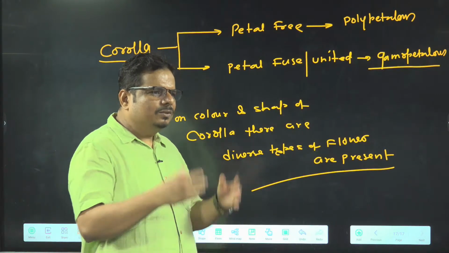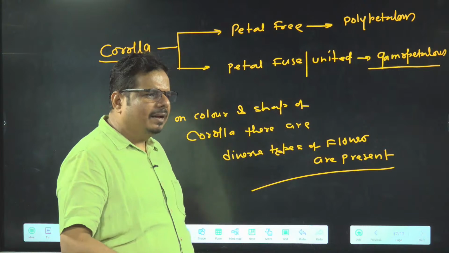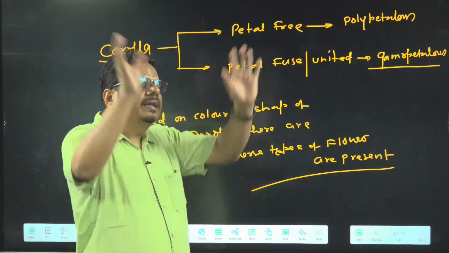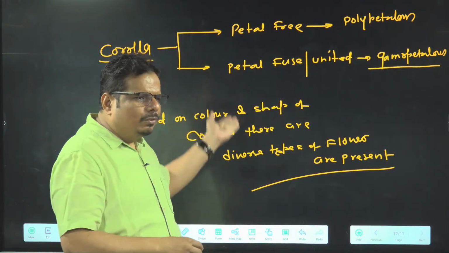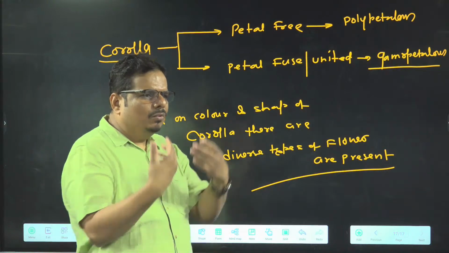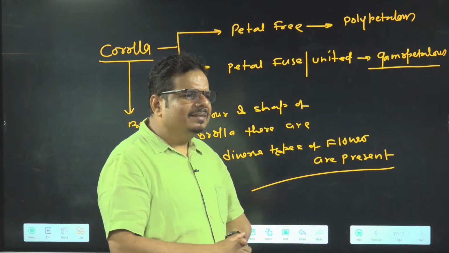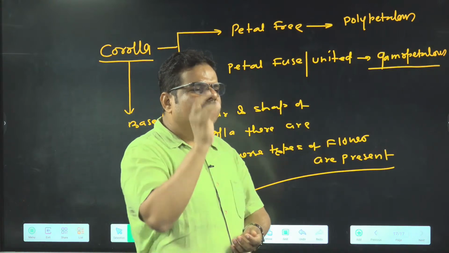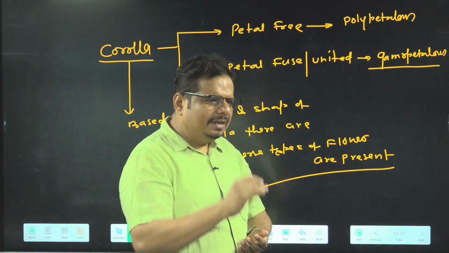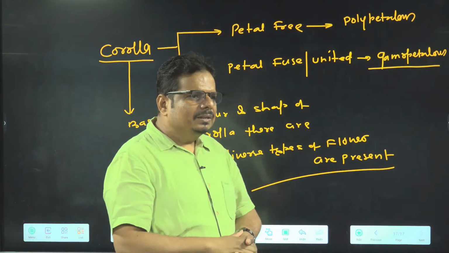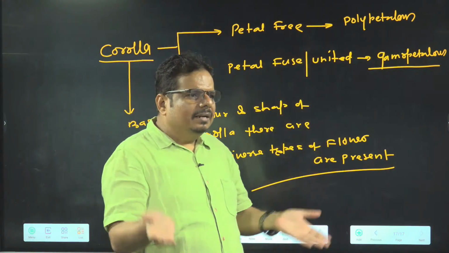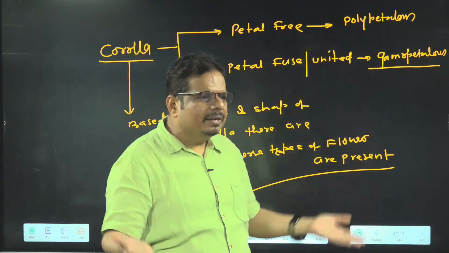See, when we were students and earlier 5-6 years back, we taught every shape in detail and 10-20 examples here only. Now nothing is required. Right? What shapes are given in NCERT? Tubular shape, funnel shape, wheel shape, bell shape. So we dealt with one example each in gamopetalous condition and in polypetalous condition.